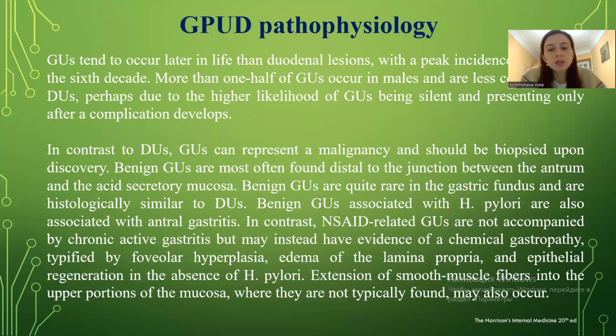In contrast, non-steroidal anti-inflammatory drug related gastric ulcers are not accompanied by chronic active gastritis but may instead have evidence of a chemical gastropathy, typified by foveolar hyperplasia, edema of the lamina propria, and epithelial regeneration in the absence of Helicobacter pylori.